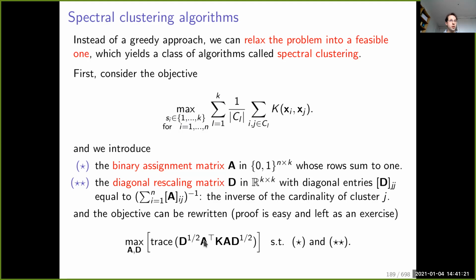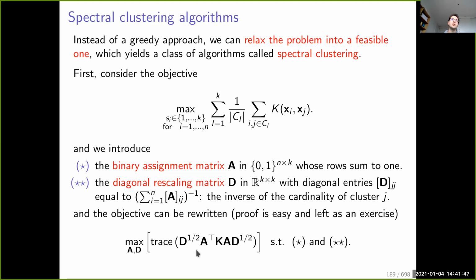Now, it turns out that given the kernel matrix K, which is of size n times n, it is possible to simply rewrite this problem as the following one. This is in fact very easy. It's just playing with notations. So it's easy to do it quietly on a sheet of paper. It's just hard to do in your head.